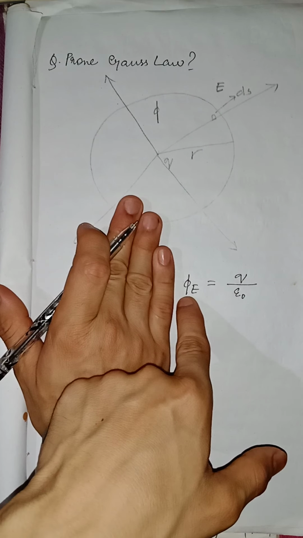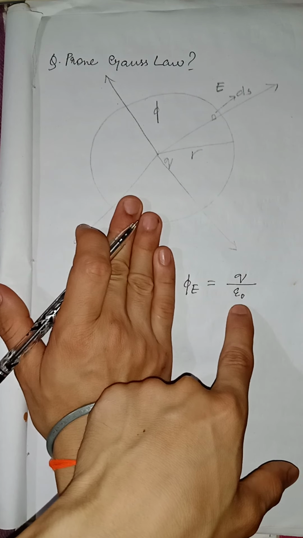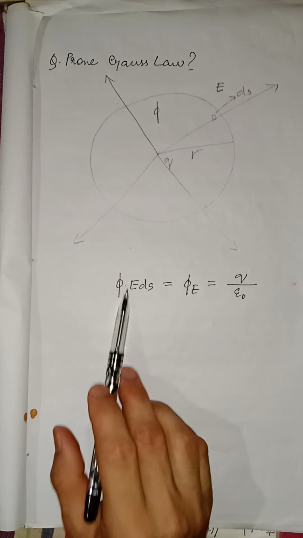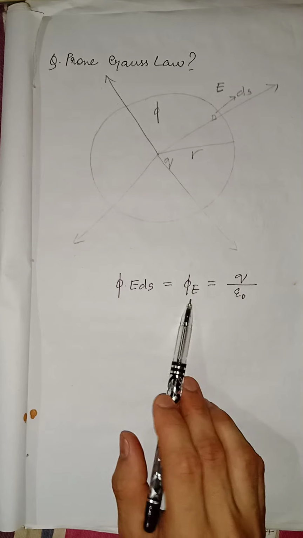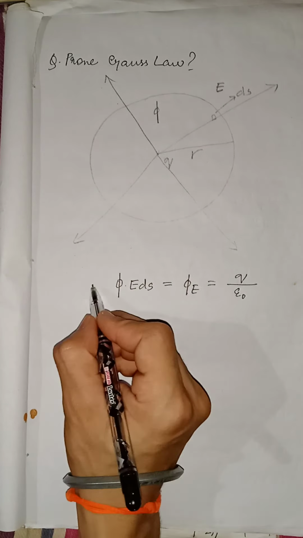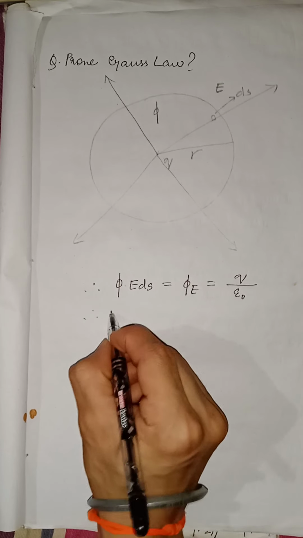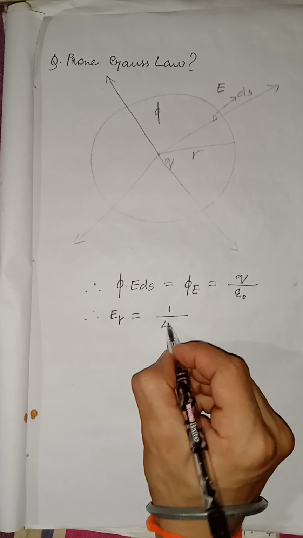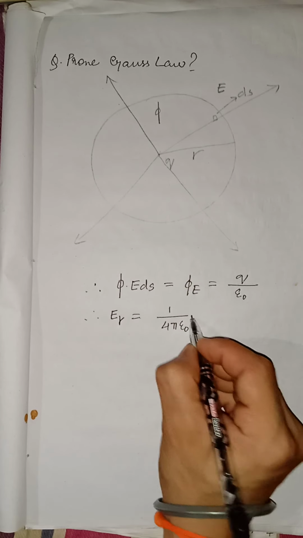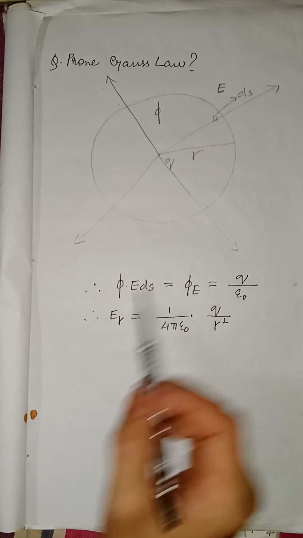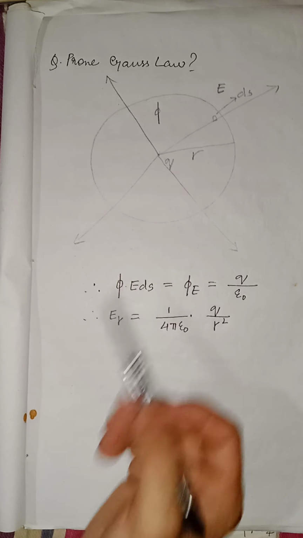This is expression 1. Again, the electric field at distance r is 1 by 4 pi epsilon naught into q by r square. This is expression 2. By knowing these two, we can easily prove this Gauss law.